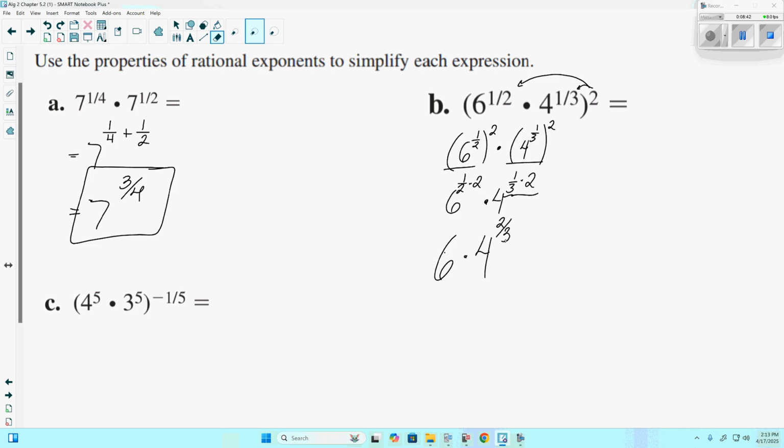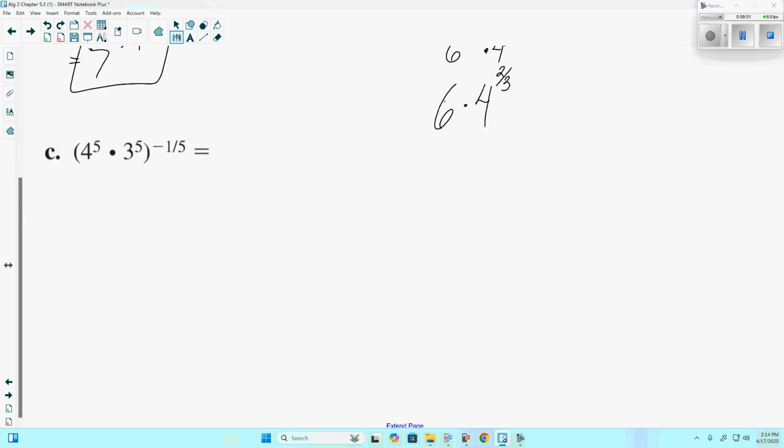Now we can make sure that this is simplified because 6 to the first, that's as simplified as it gets. 4 to the 2/3, is there a number times itself 3 times that gives us 4? Well, no, 2, because 2 times 2 is 4, yes? So you don't have to write this part, because we could say that 4 is 2 squared.